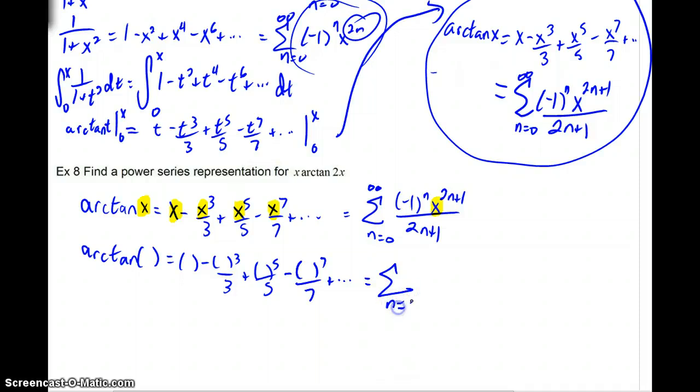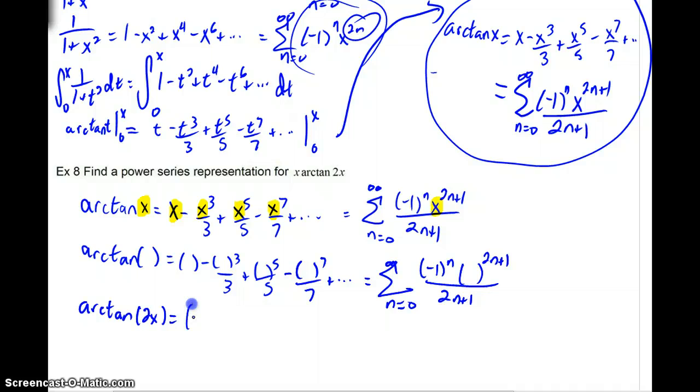And by the way, even when we get to the next section, we're going to continue to use this method of working with the power series that we've just developed or that we know and making some substitutions in it. So we're going to see arctangent of 2x.